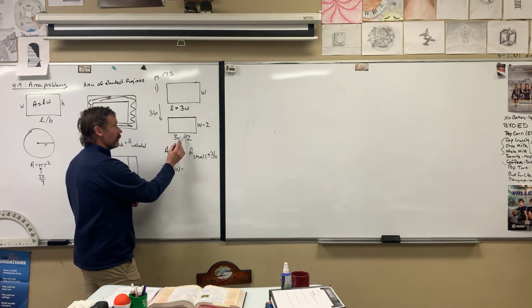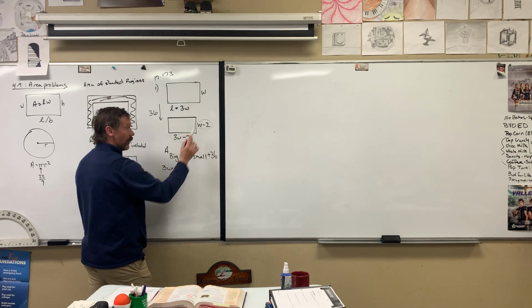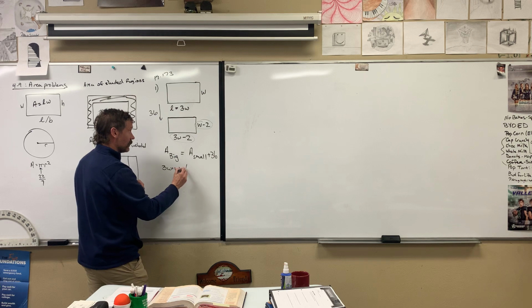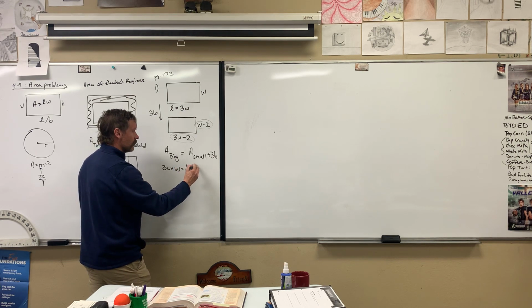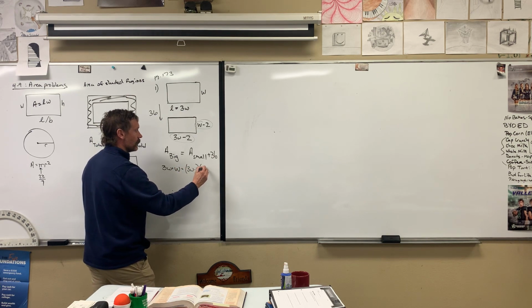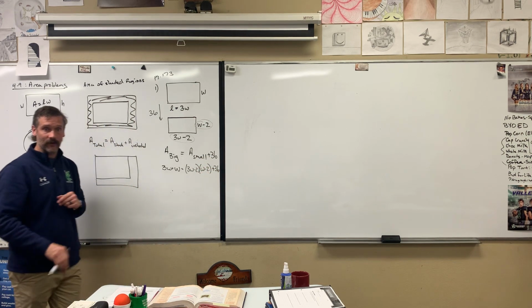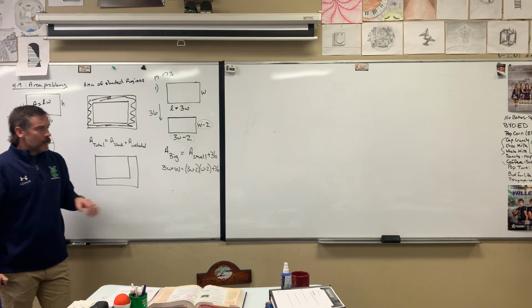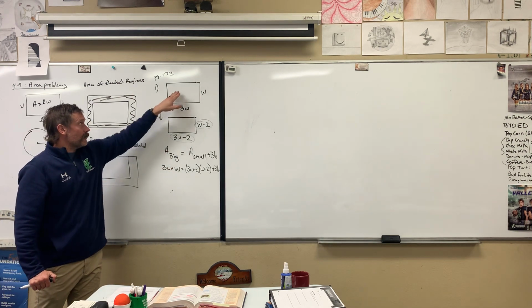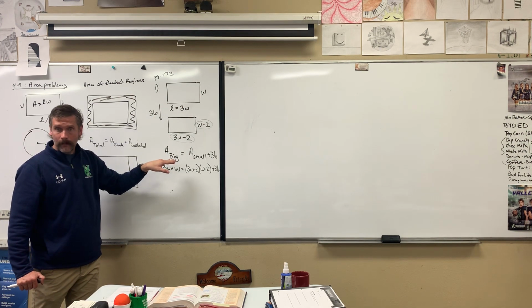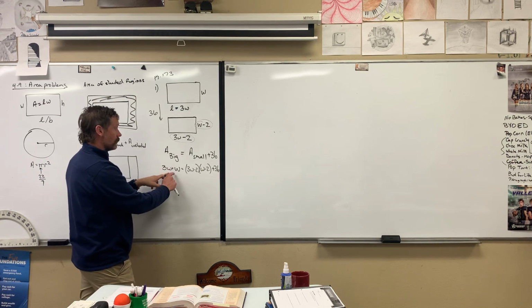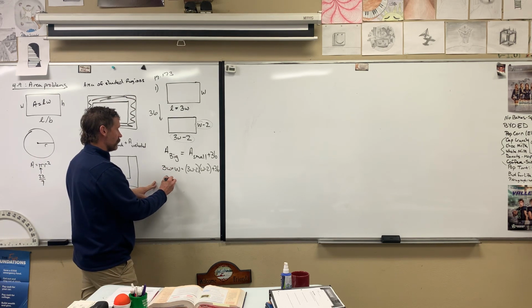Well, the area of the small is length times width, which is going to be 3W minus 2 times W minus 2, and then squeeze this in here, plus the 36. Somebody had said over here the area of the big was 3W what? Squared, right? Because 3W times W is 3W squared.